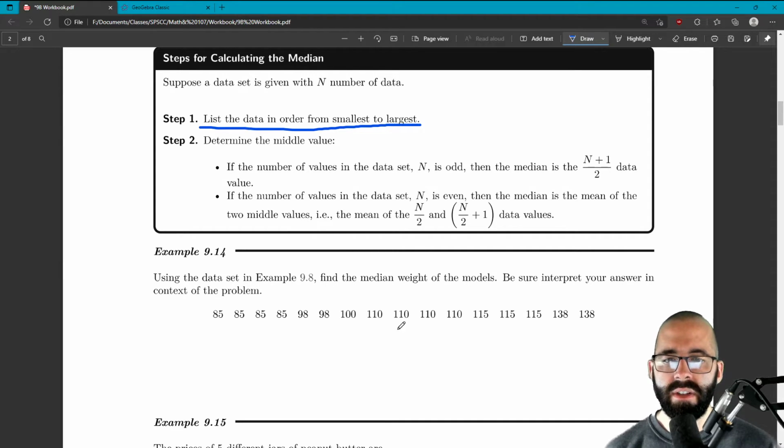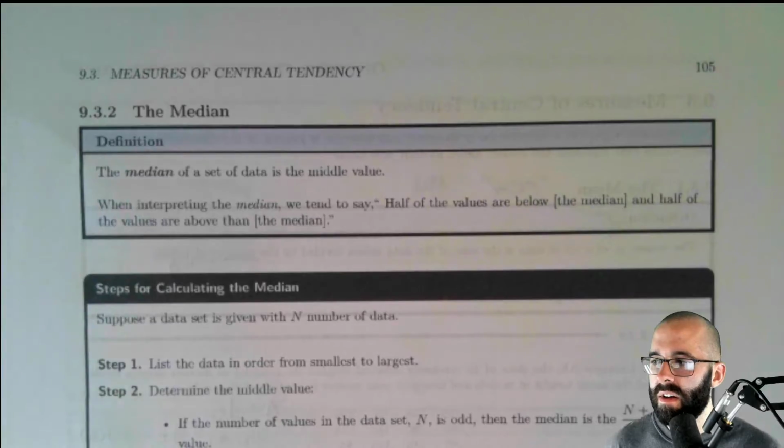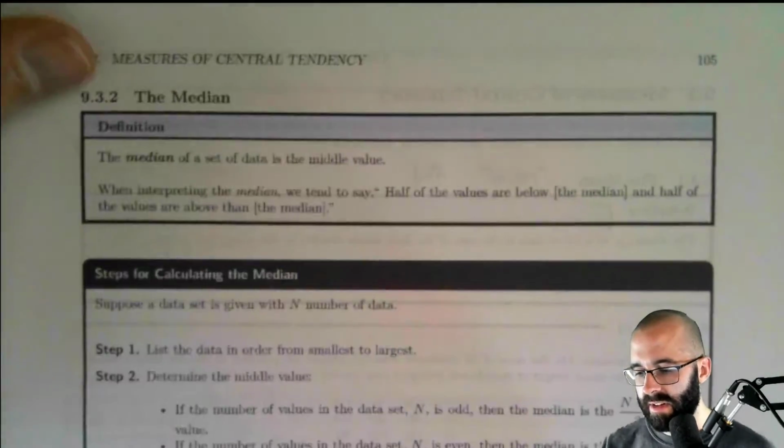All right, so there are 16 data values. We already know this. So what are the ones in the middle? What is the data value that half are above and half are below? So if we're using the step-by-step process, there are 16, so we're going to use this thing. 16, that means n is even.